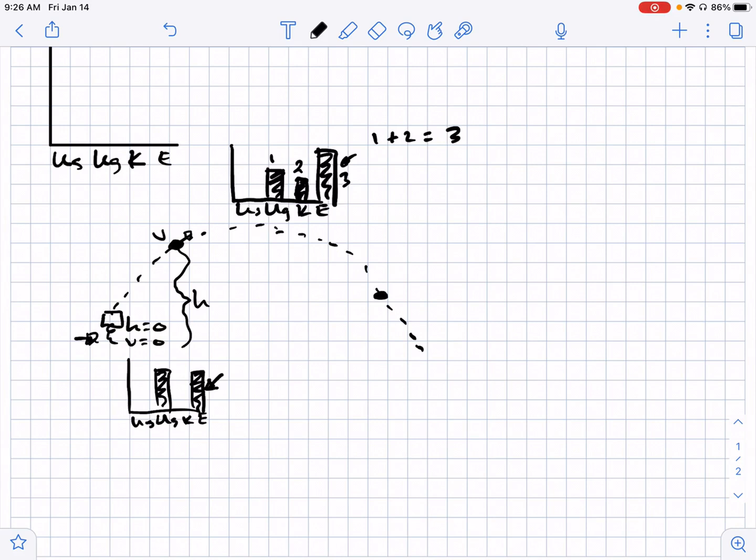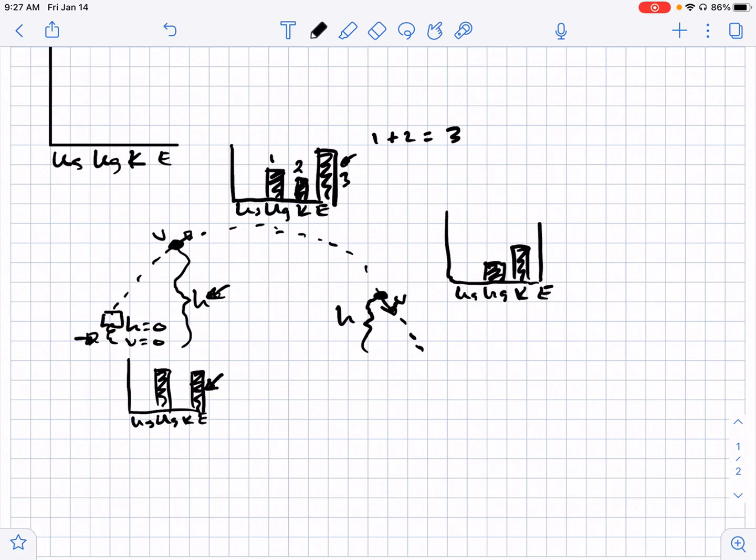Now let's look and say right here. So now you still have a height, but your height is smaller than it was here, so that means you're going to have less gravitational. Still no elastic potential, you have a velocity. So making a bar chart there, now your gravitational should be smaller than it was in the second situation or the second bar chart, meaning your kinetic should be larger.